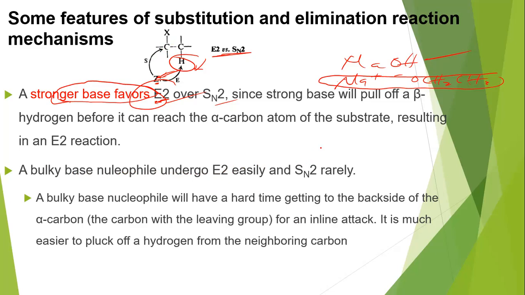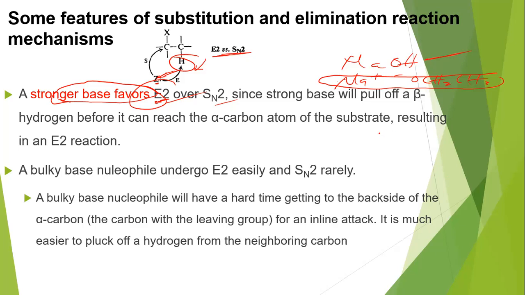Now, SN2 is a substitution reaction. It means you are bringing something to be attached to a carbon which is already in a bond. We are forming a pentacoordinate intermediate. Now, if the nucleophile coming in, if the base is very big, it cannot be substituted to form the pentacoordinate intermediate.